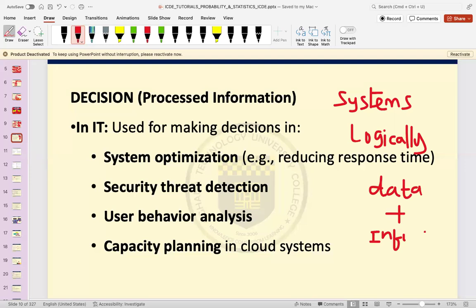So we can separate them. Some of the decisions are system optimization decisions, depending on the kind of system you are using. If there is a security threat detection tool, a decision will be made whether to block you. It's like an ATM. Let's say your password is 1234.